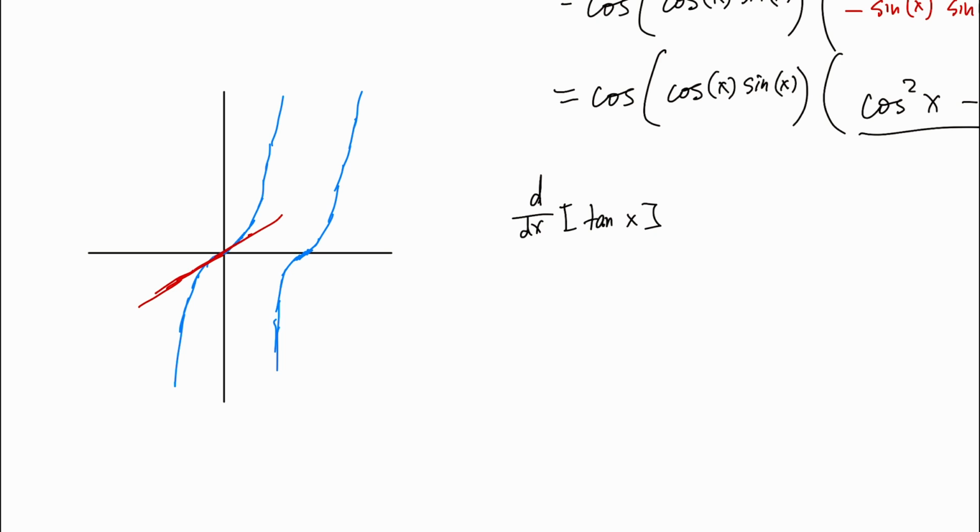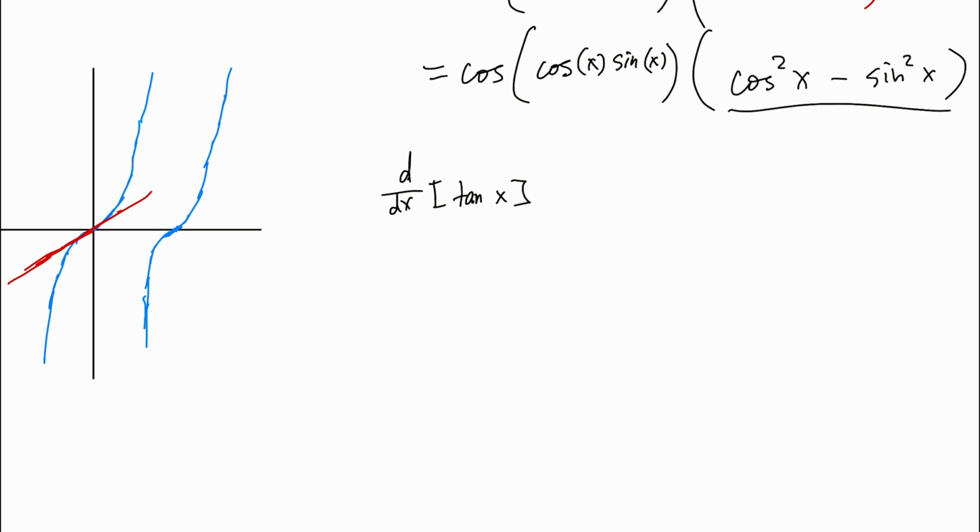Let's take a look. How can we do this using basic trigonometric identities and what we derived yesterday and the day before, the sine derivative and the cosine derivative? We can write tangent of x as sine of x over cosine of x.